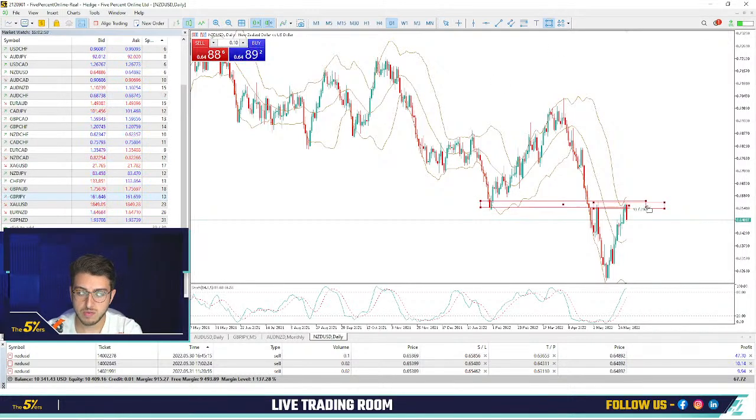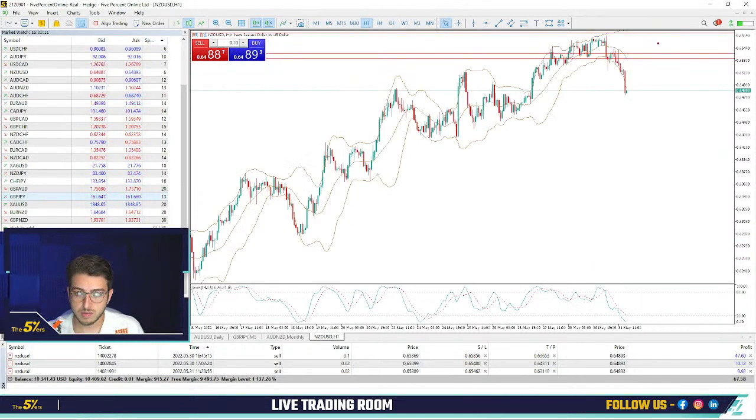So for me there were two zones and two main spots that I wanted to watch for the price. Yesterday I opened a short position approximately at that zone, and today I see that the price is starting to go a little bit down.